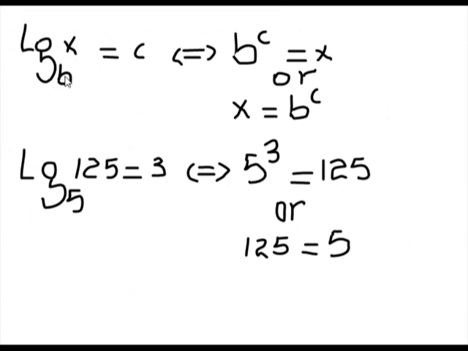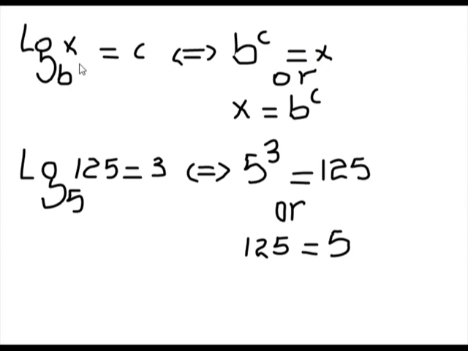When we have, like in this example, log base b of x equals c, the result that we find is the power. When we compute log base b of x, what we are trying to find is the power. The c is the power. The result of a logarithm is the power, so this can be read as b to the power of c equals x.